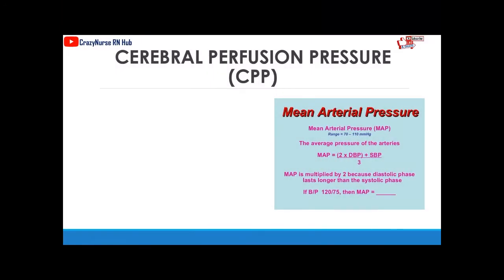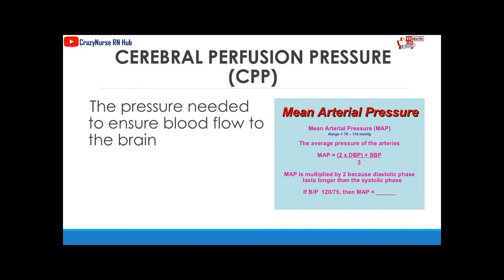Now let's have cerebral perfusion pressure or CPP. It is the pressure needed to ensure blood flow to the brain. CPP is equal to the mean arterial pressure minus the intracranial pressure. This formula is clinically useful, although it does not consider the effect of cerebral vascular resistance.